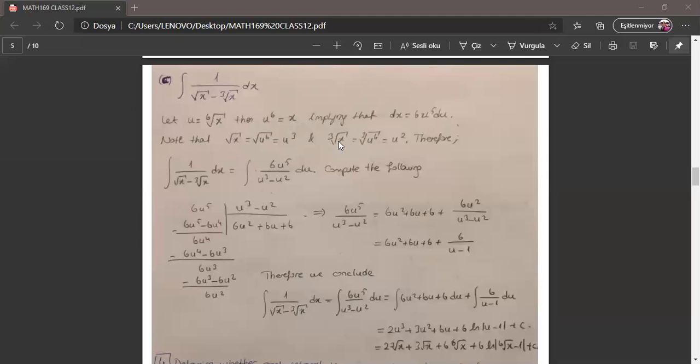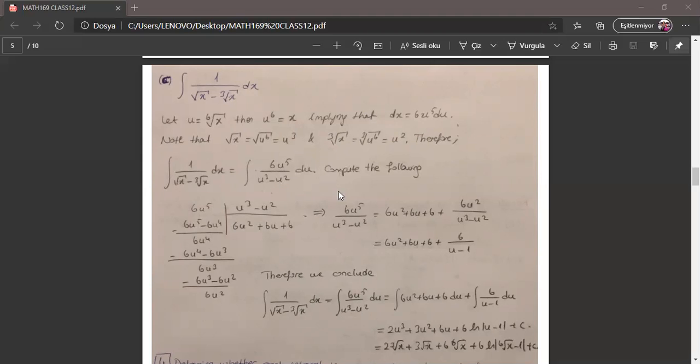And similarly, we obtain this one's function in terms of u again. So this is equal to this integral, okay? And instead of dx, we write 6u to the 5 du, as in here. And we know the square root of x is equal to this, and this equality we have already there.